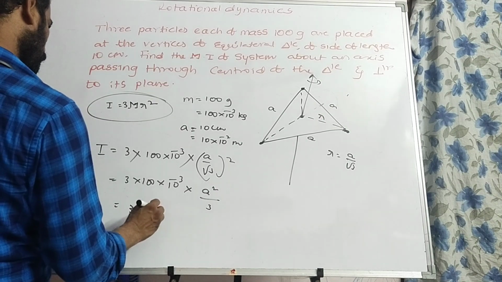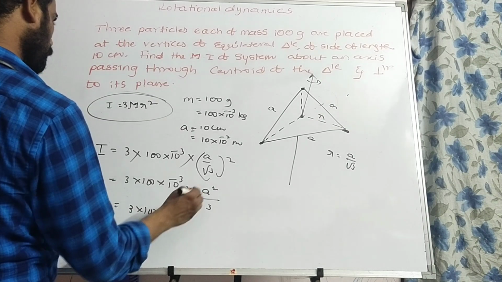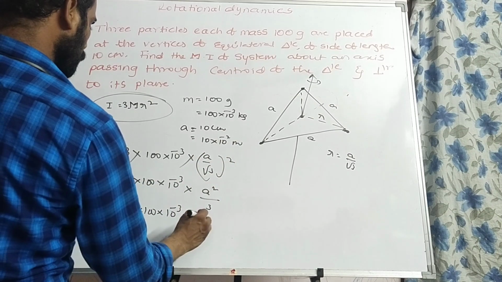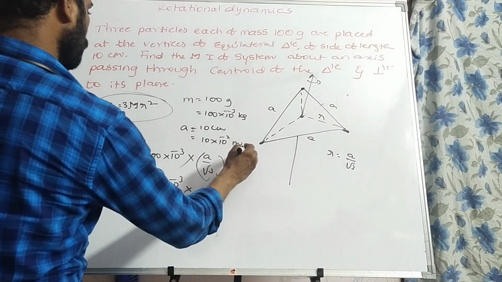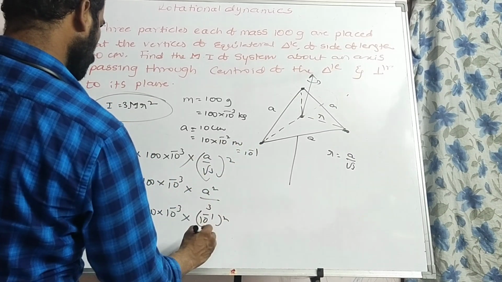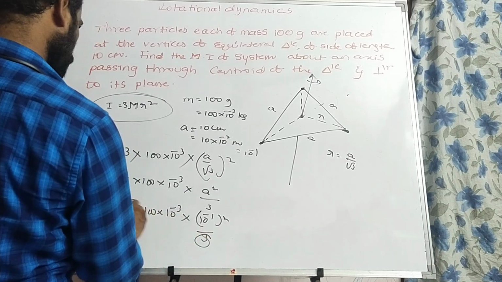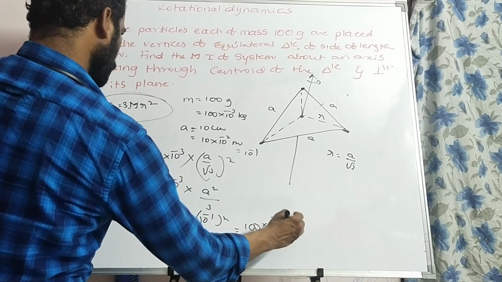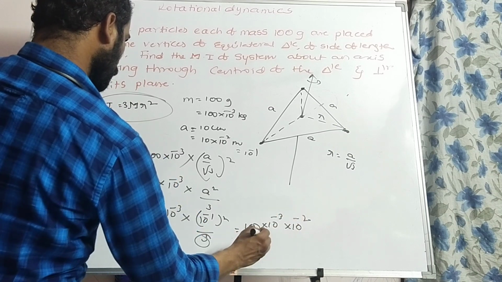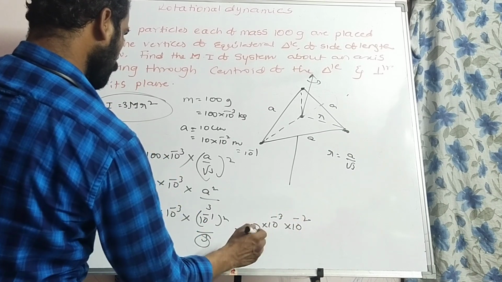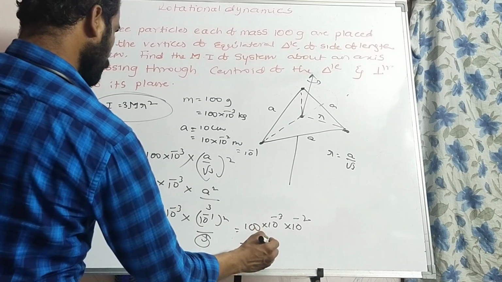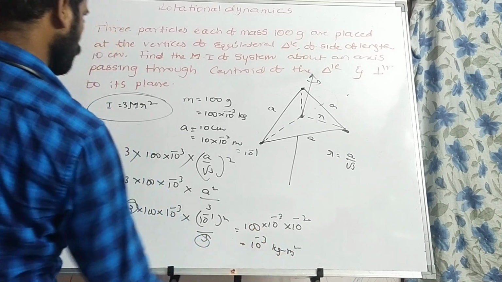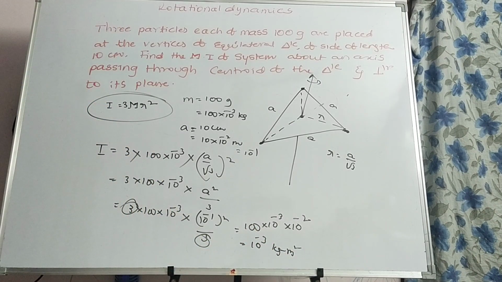With a square as 10 power minus 1 whole square, the 3 gets cancelled, and that is equal to 100 into 10 power minus 3 into 10 power minus 2, that is 10 power minus 3 kg meter square will be the answer.